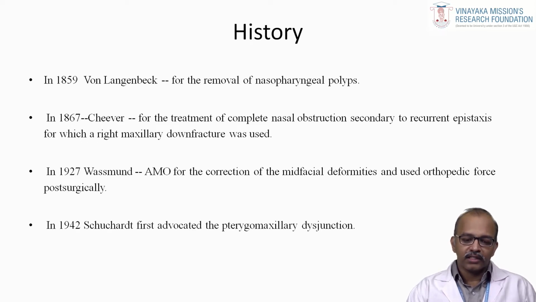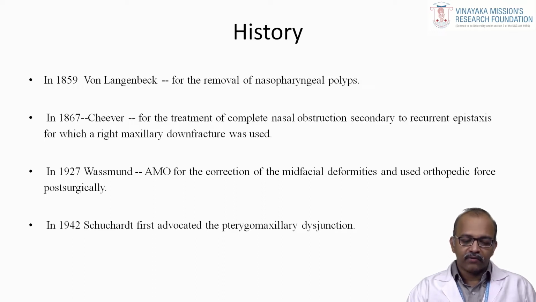When you go back to the history, in 1859, Langenbeck did the anterior maxillary osteotomy for removal of pathologies like polyps. In 1867, Cheever did the treatment for complete nasal obstruction, that is maxillary down fracture.